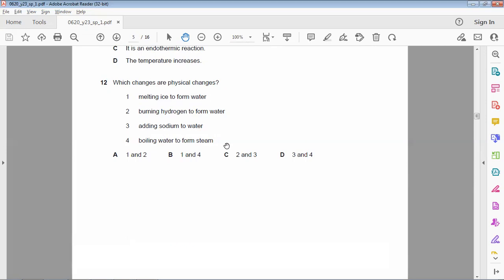Boiling water to form steam is a physical change because you just convert the state of water, and the particles are still the same, that of water. So that means it's number 1 and number 4. So part B is the correct answer.